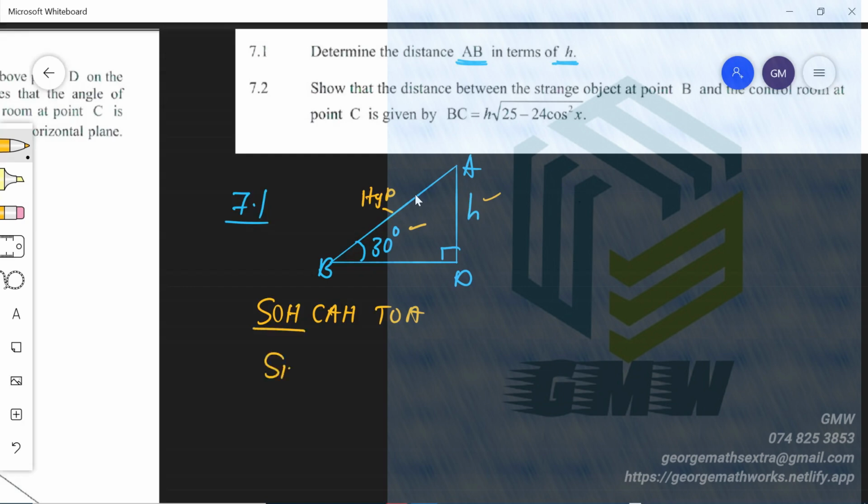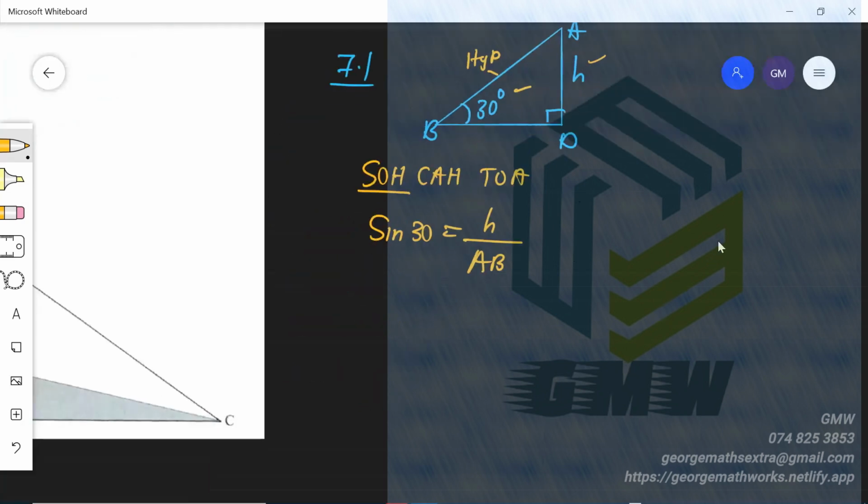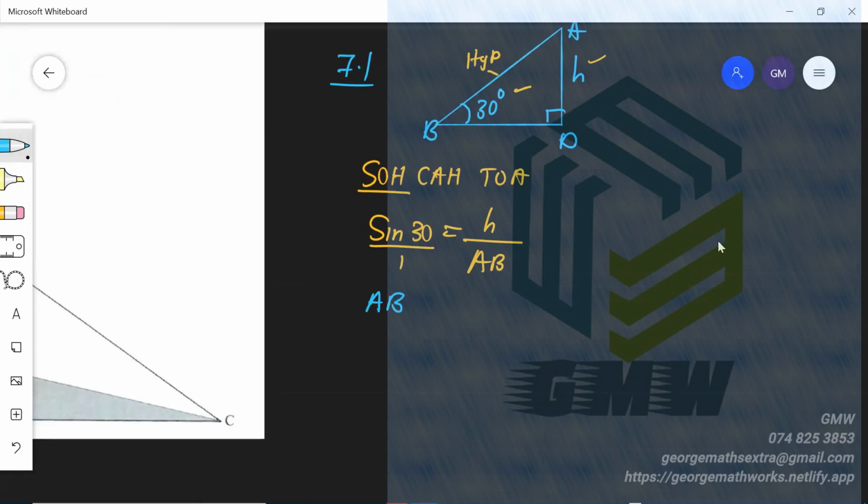So we are saying sine of 30 equals, what is our opposite? h. Our hypotenuse? AB. Remember, we are asked to find AB in terms of h. If I cross multiply, in the end I will have AB equals h divided by sine 30.